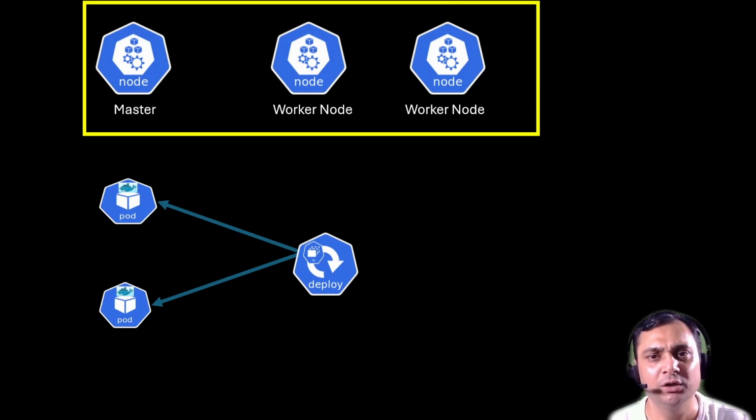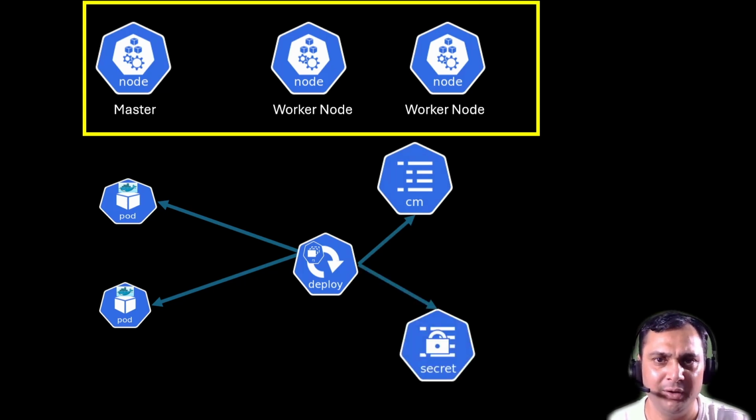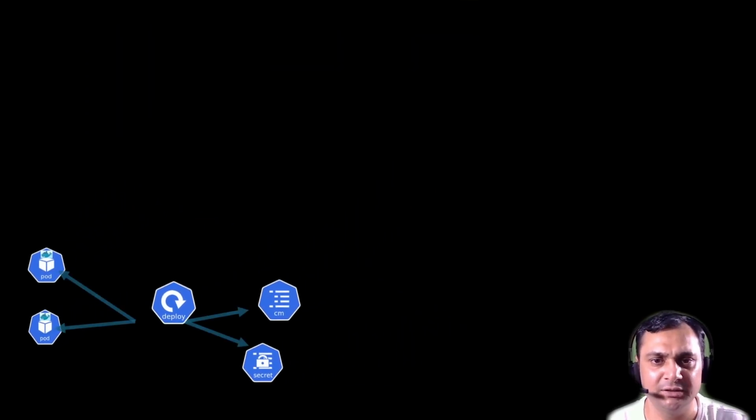Besides this, sometimes we need to add a config map or secret, which we can add with the help of environment variables. Sometimes we need stateful sets. For stateful sets, we have to create a PVC, and it will redirect to a PV, and then this PV will point to one storage.